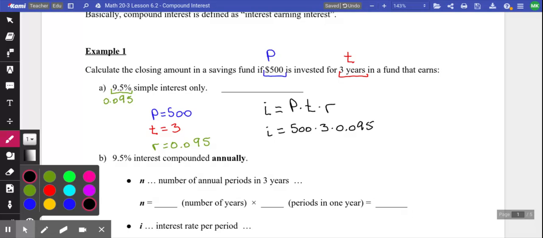So 500 times 3 times 0.095 is $142.50 in interest. What did it ask me to find? That's how much money it earns. You earn $142.50.